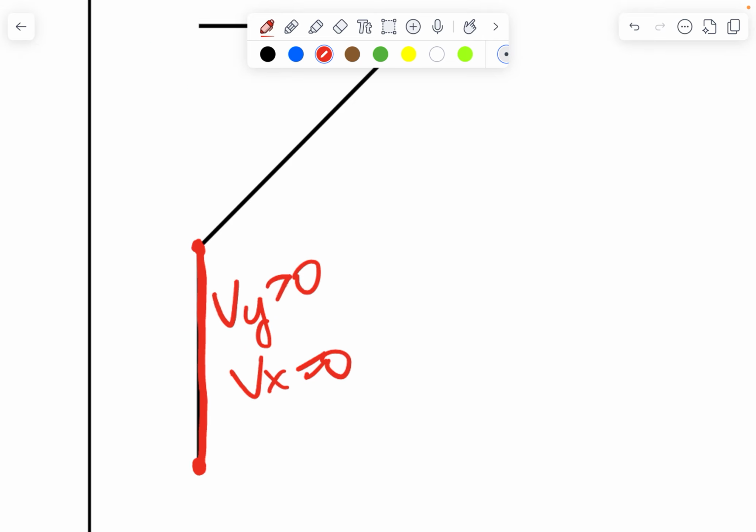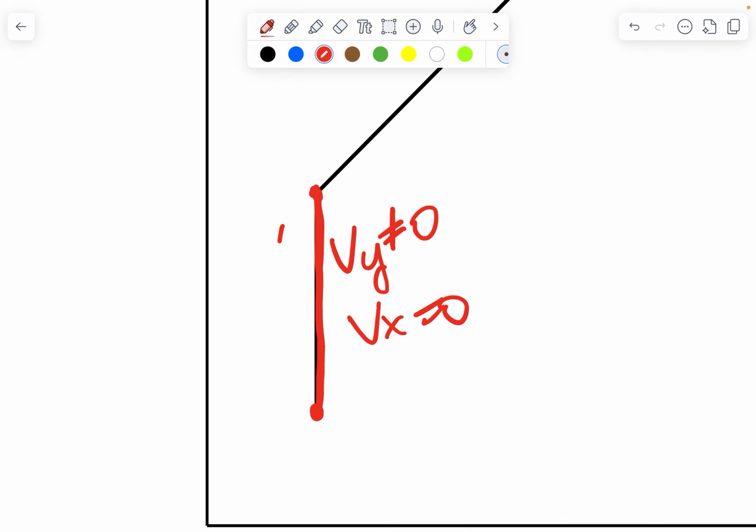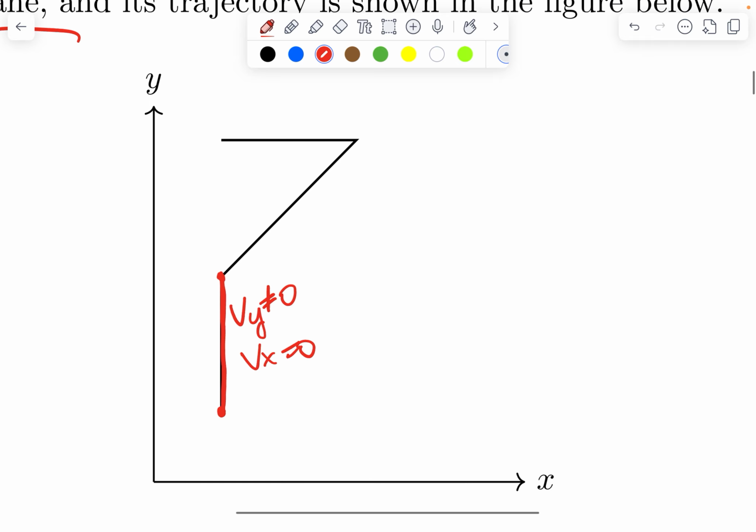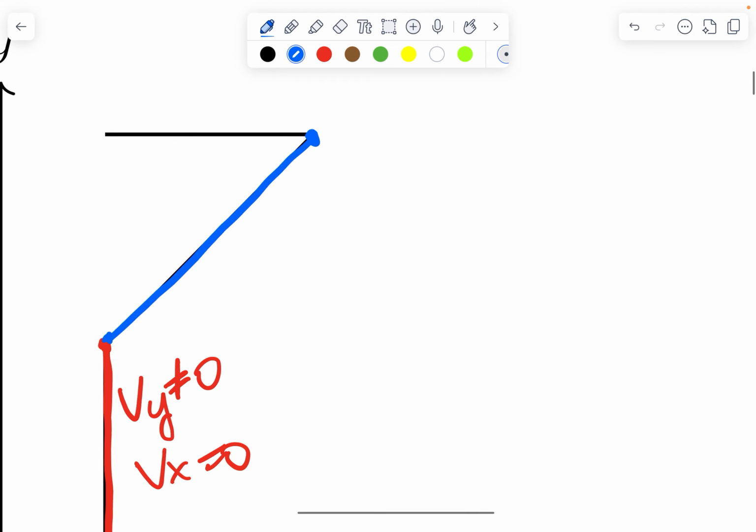Well, this Vy could be greater than or less than 0, because we don't know if the particle is traveling this way or this way. So I'm just going to say it's not equal to 0. And we can continue to do this with all of the segments. So for example, this one, we know that Vy is not 0 and Vx is not 0.